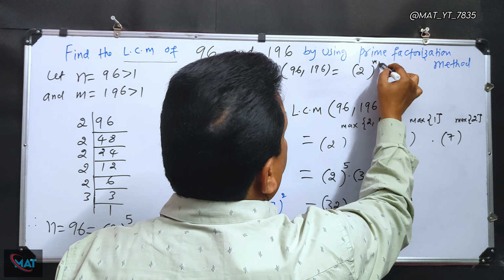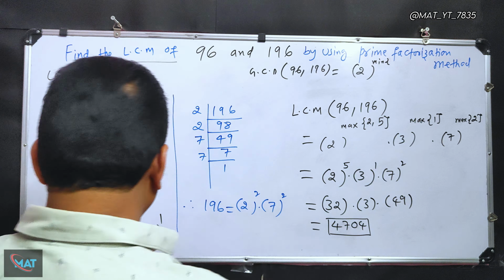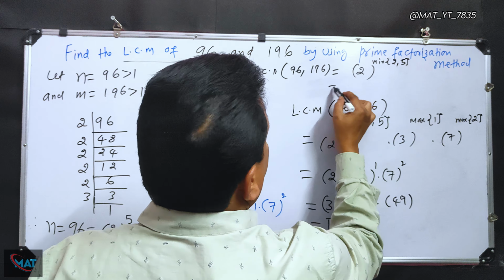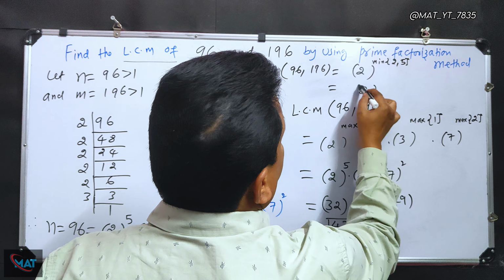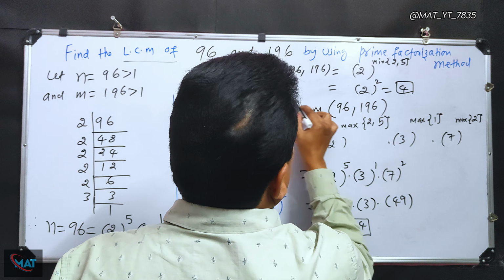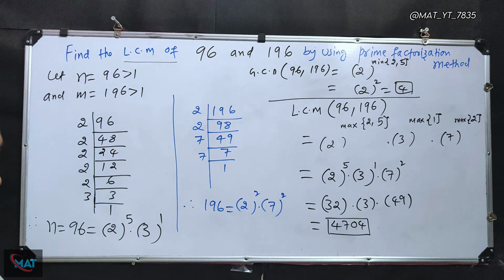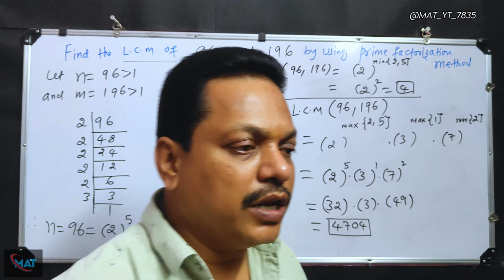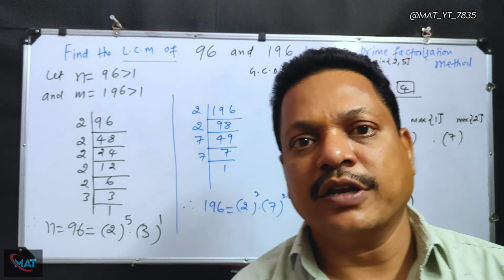Here we write minimum. What are the powers of 2? It is 2 and 5. So we take 2, minimum power is 2, that is 4. 4 is the GCD and LCM is 4704. Always LCM value will be bigger than GCD value.